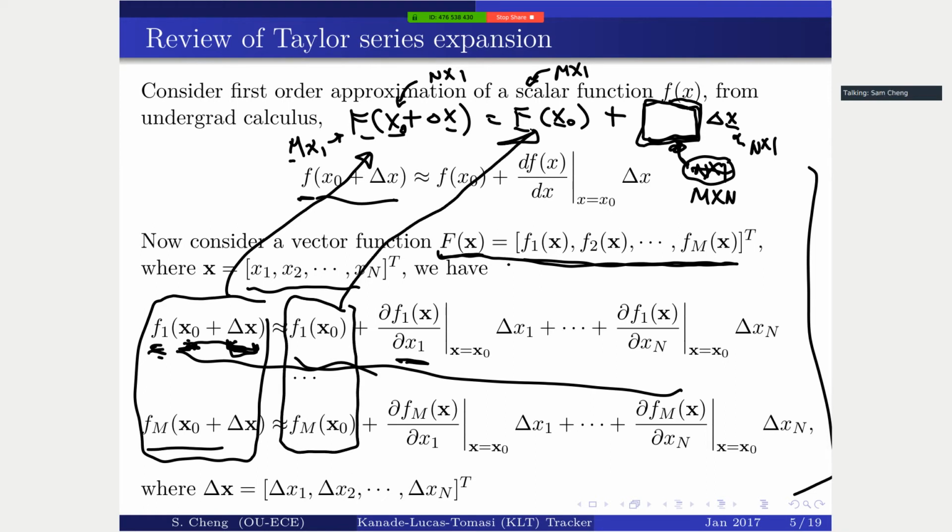I can rearrange these terms, moving delta x1 up to delta xn into the vector delta x. This matrix is formed such that the mn element is the partial of f m with respect to x n, something like that.